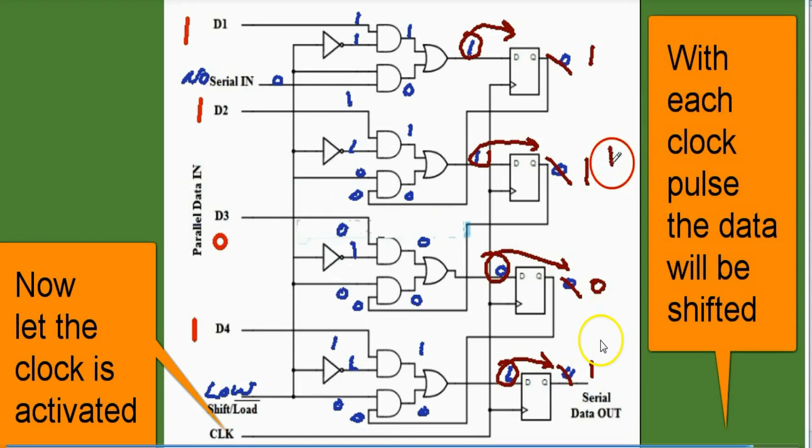Now, how is this data transmitted serially in the outward direction? It is with the help of the clock. With each clock pulse, the data will be shifted from here to here, here to here, and here to here, in this direction. Right?